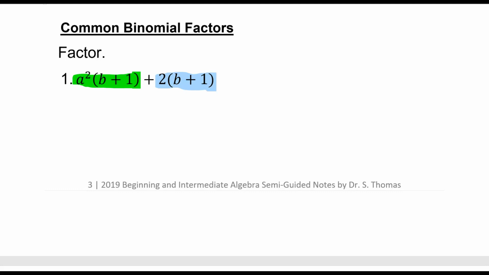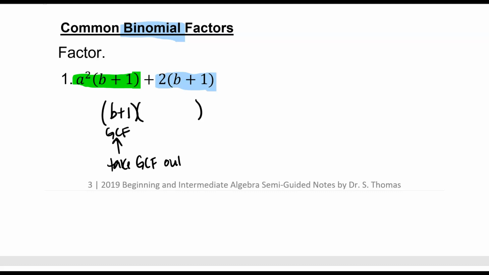Well, you should see that b plus 1 is identical. So that is considered to be your GCF. Since it's a binomial, we're going to put a parenthesis around it, right? But again, this is like your GCF. We always take it out first.